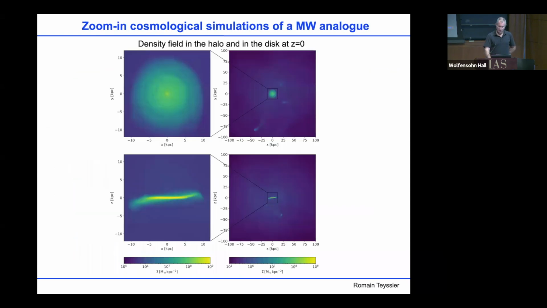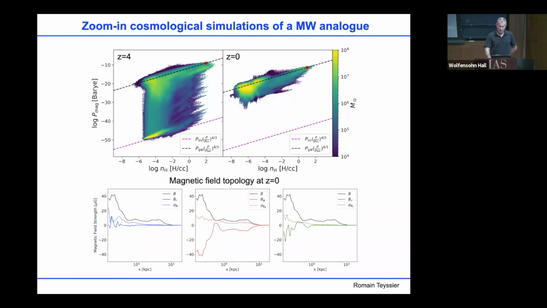Yes, very good question. I didn't have time to explain too much, but you see a diagram here. Let's focus on the redshift 0 diagram. This is the magnetic pressure as a function of the gas density in our Milky Way size halo. The upper dashed line is obtained assuming that the field goes as rho to the 2/3, or the magnetic pressure goes as rho to the 4/3, which is the ideal MHD prediction.